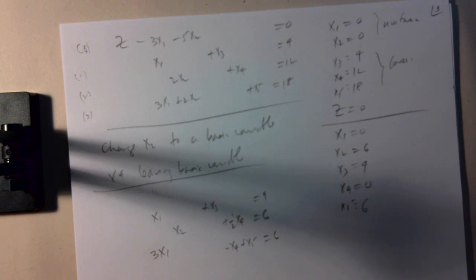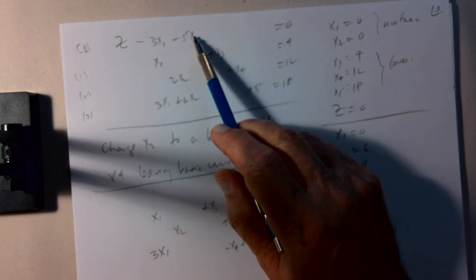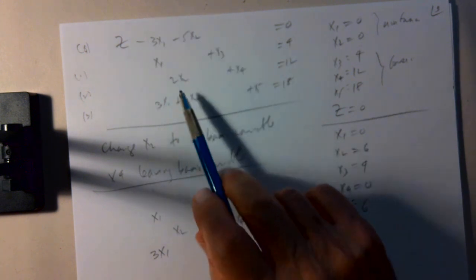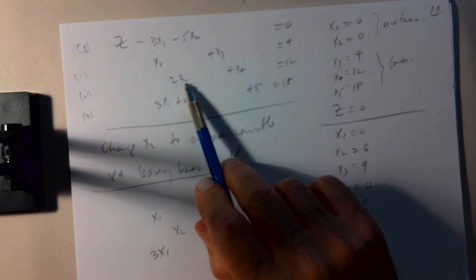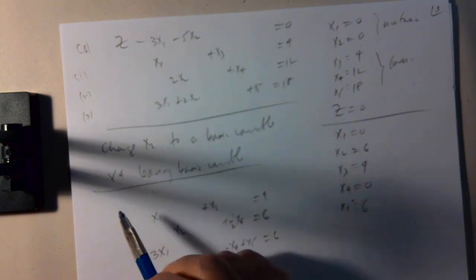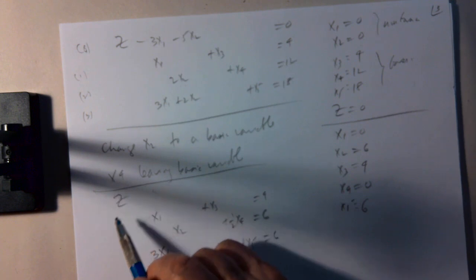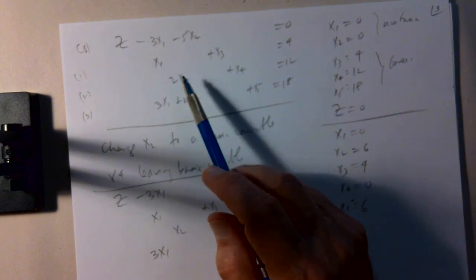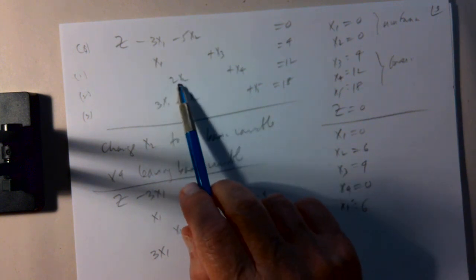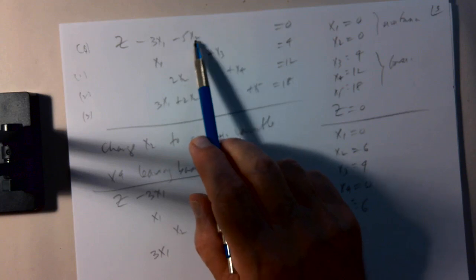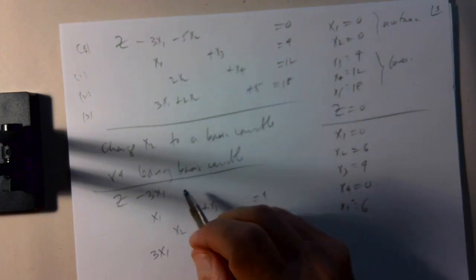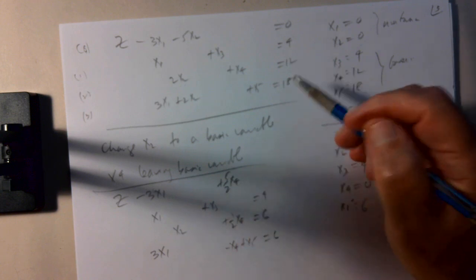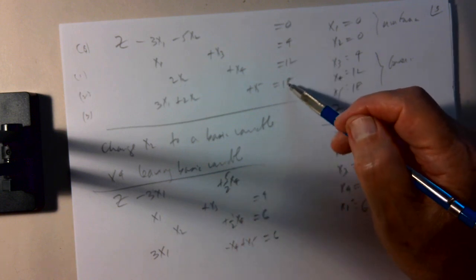And if I want to eliminate the x2 from here, I have to take equation 0 and add 5/2 times equation 2. When I do that, I get z minus 3x1. 5/2 times x2 is 5x2, that cancels, plus 5/2 times x4.